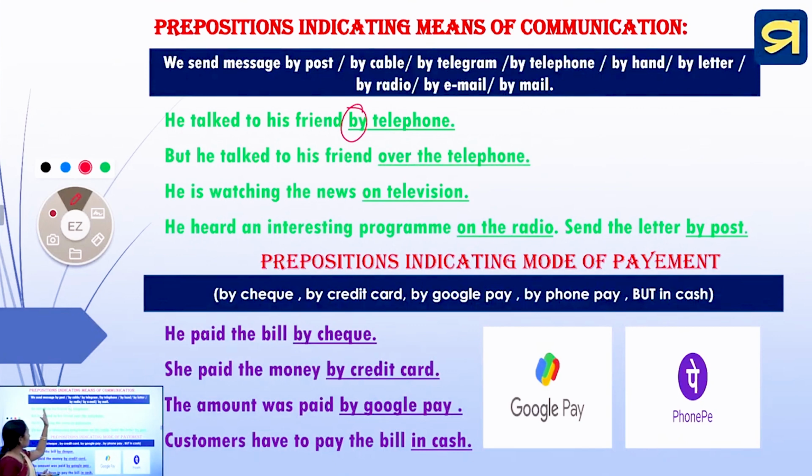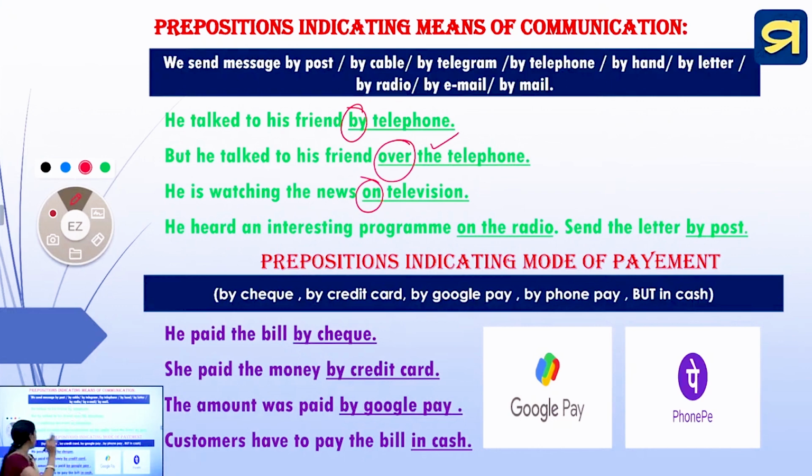But he talked to his friend over the phone. Yes, exactly the same thing, students. Here also a determiner is used. That's why we have used over here, but in this case, by is used. Next, he is watching the news on television.